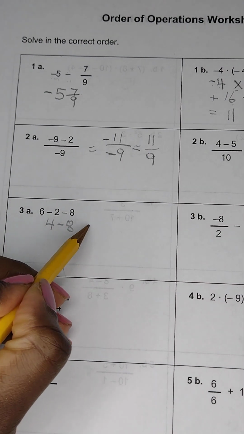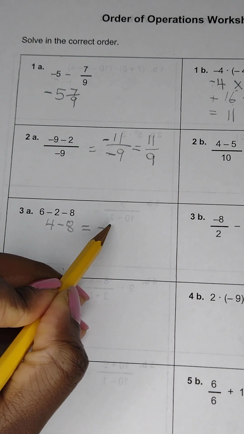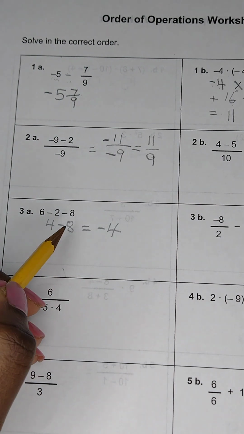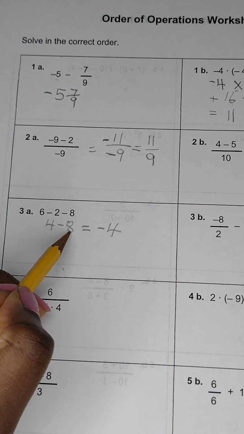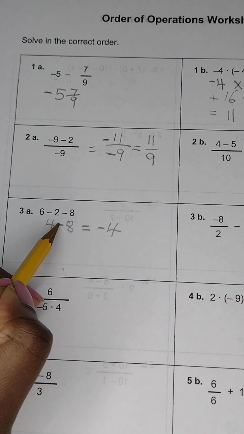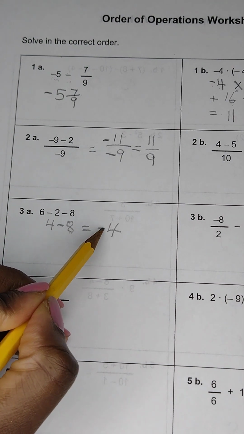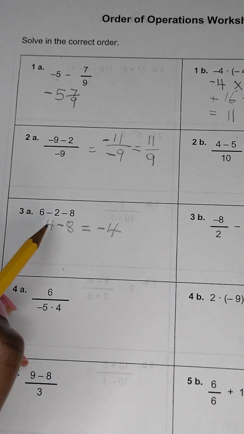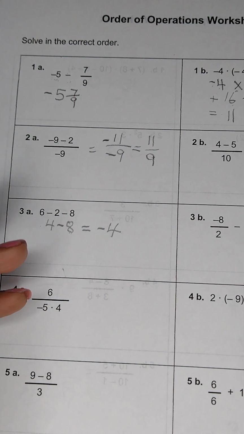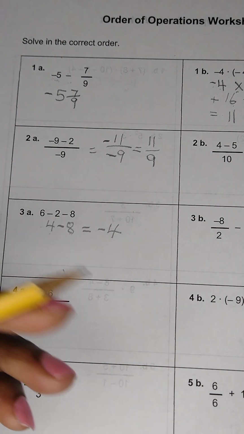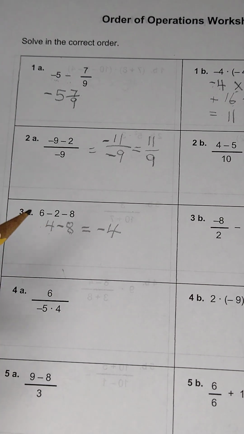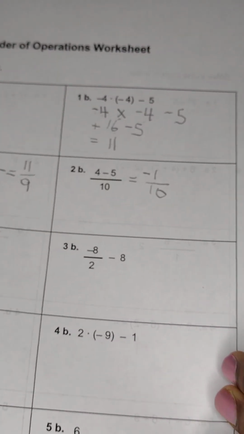So 4 subtract 8, and that gives us negative 4. Now it's negative because 8 is the bigger number, and 8 has got a negative sign on the left of it, and that means that your final answer will be a negative. And because the 4 is positive, the 8 is negative, you're going to be subtracting. So 4 subtract 8, and we've got negative 4.